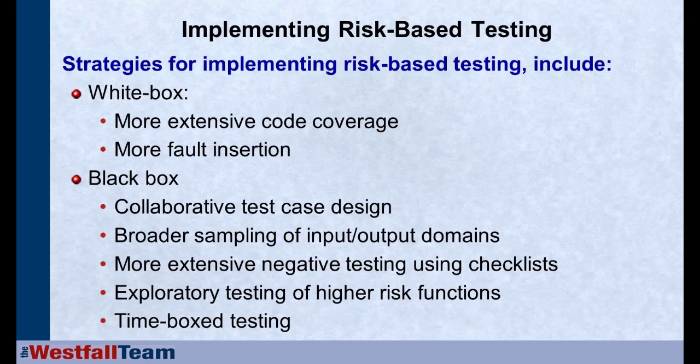Now, how much do you sample from those equivalence classes? Maybe for the lesser risk components, each time you run that test case, you just sample around the borders, or you just sample 1 or 2 items from that domain.